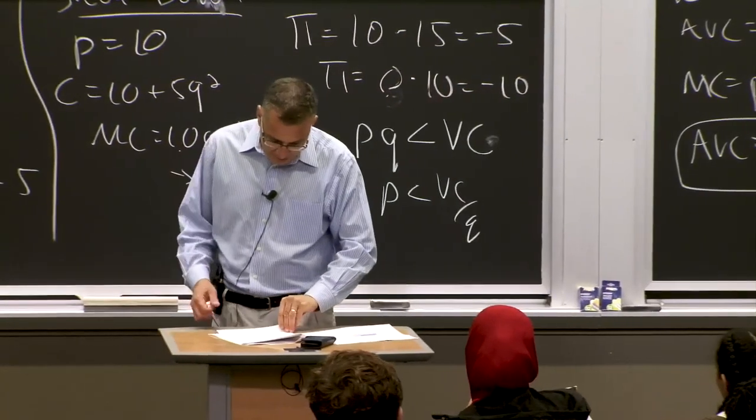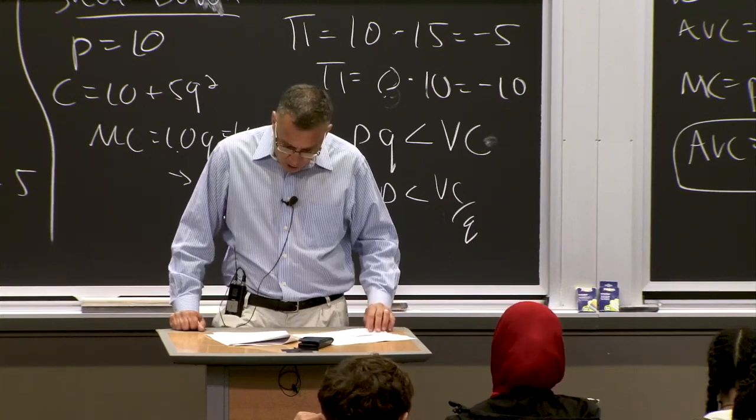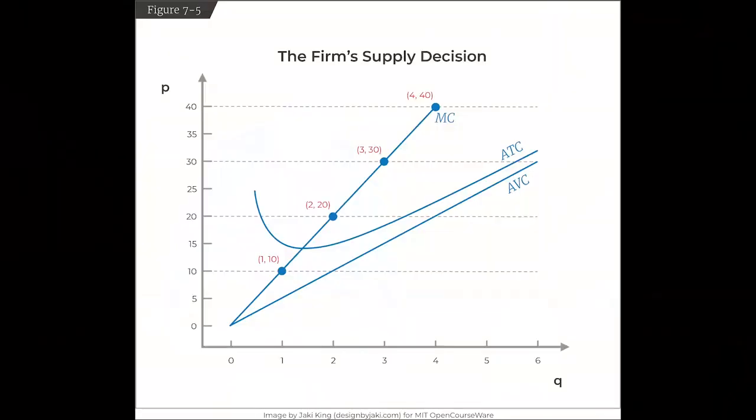You can actually see this in figure 7.5 when we look at the firm supply decision. Figure 7.5 shows you at every price what the firm wants to produce in the short run. At a price of 10, it wants to produce 1. At a price of 20, it wants to produce 2.